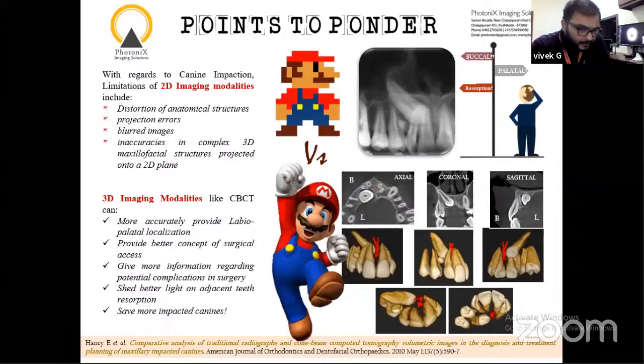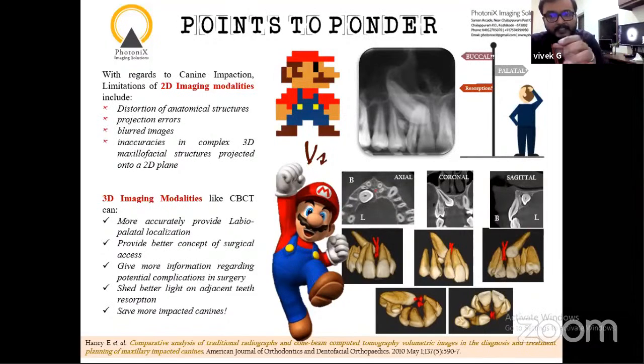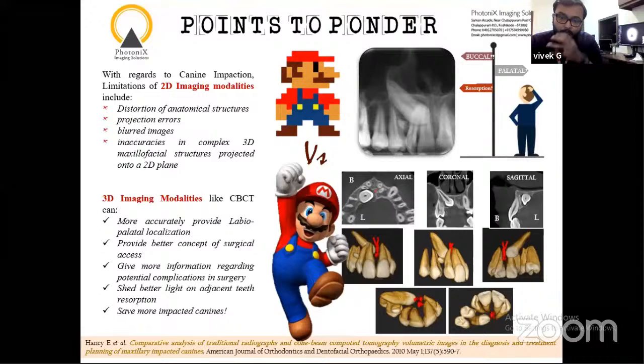So with that, I'll up the ante, and again I'll use Mario here. Again, the 2-dimensional Mario is flat and lifeless, whereas the fist-up-in-the-air, happy Super Mario is a 3-dimensional figure. Similarly, with the impacted canine, you cannot see whether it is buccally placed or palatally placed, or whether there is resorption of the roots of the adjacent teeth. But when you use a 3-dimensional imaging modality like a CBCT, you can see axial, coronal, as well as sagittal sections.